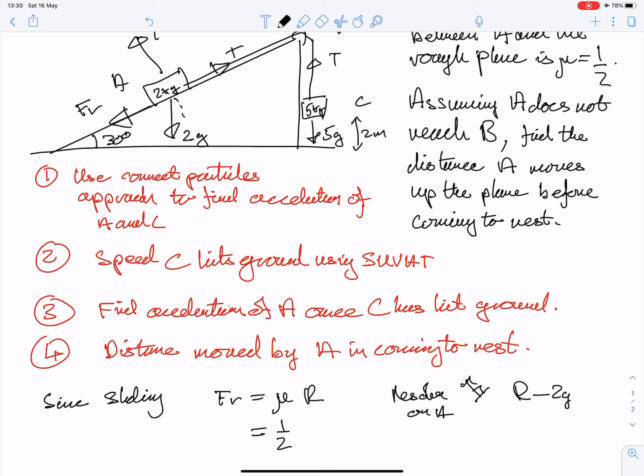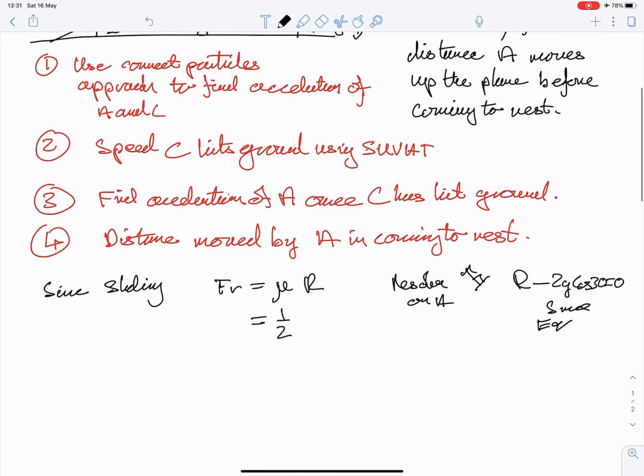R we can get from resolving perpendicular to the plane on A, which is going to give us R minus 2g. I haven't given an angle in there. Let's call that 30 degrees.